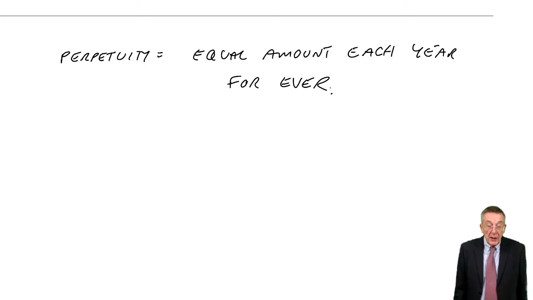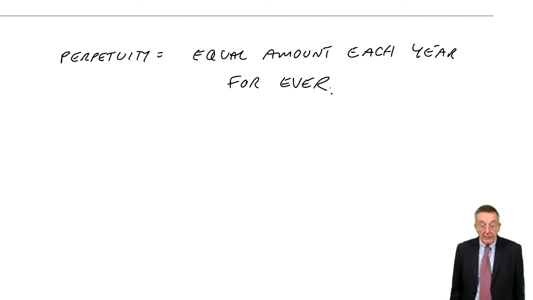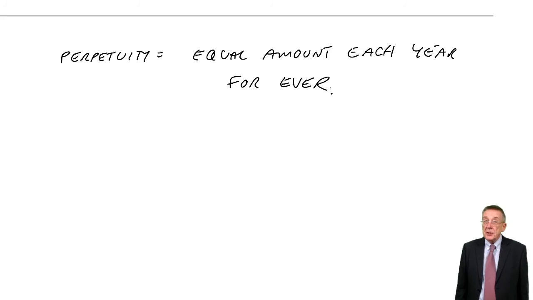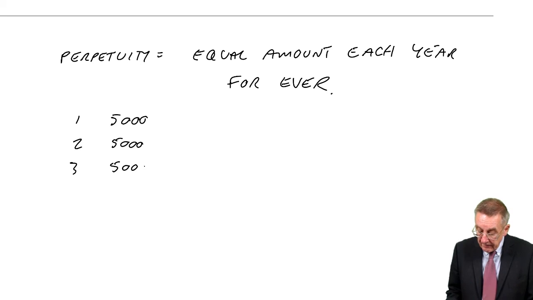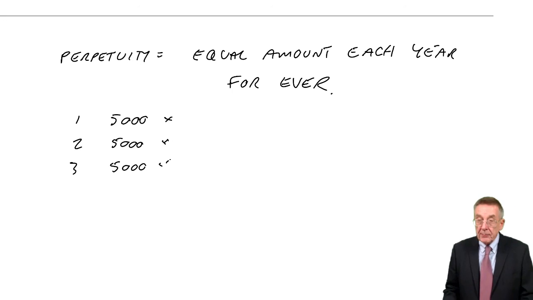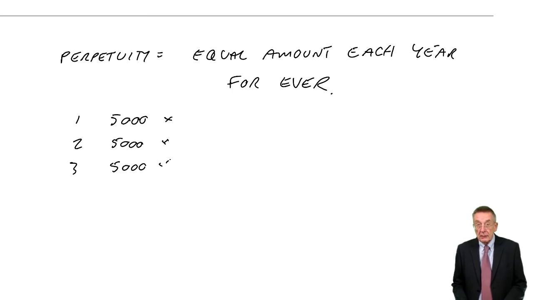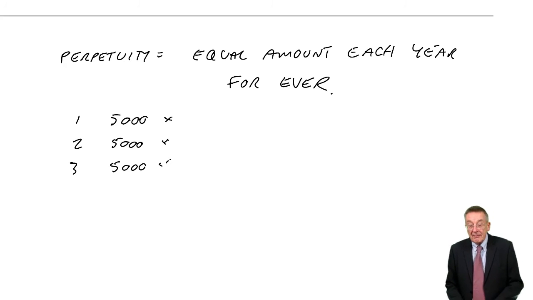What's the present value of 5,000 receivable in 1 year's time and thereafter in perpetuity? Well, you certainly can't do this year by year. I mean, there's no point in doing this: 5,000 in 1 year, 5,000 in 2 years, 5,000 in 3 years, and then discount each separately. You'd be there forever because it's going on forever.